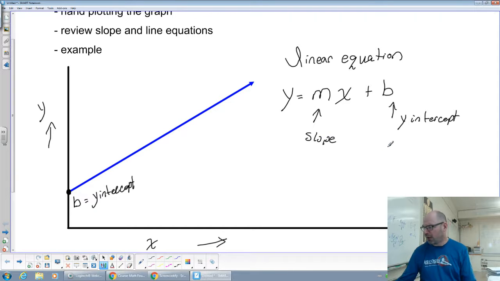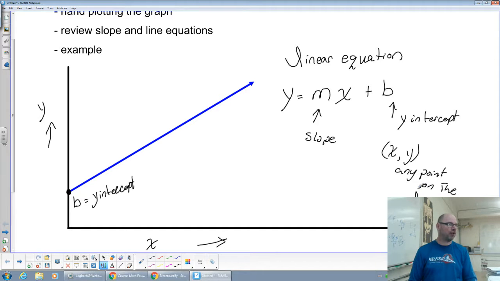And the x, y is any point on the line. Okay, so that's our general linear equation.